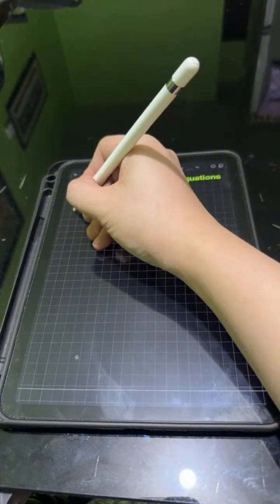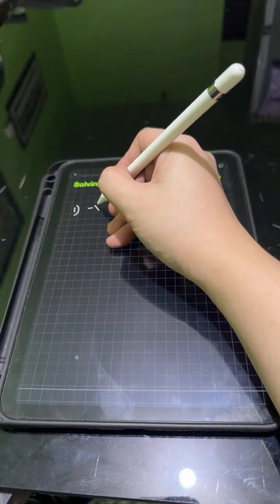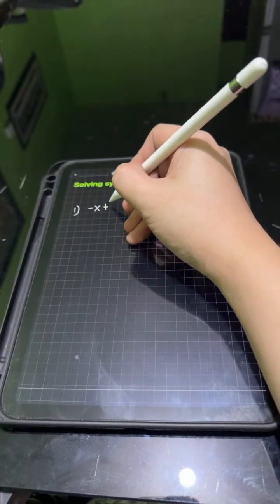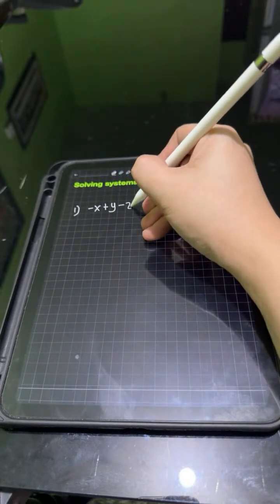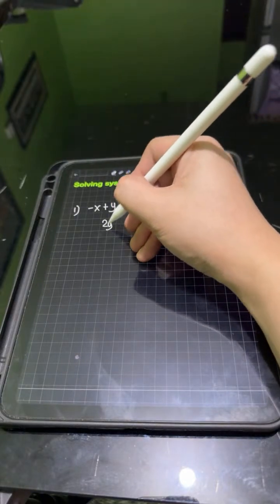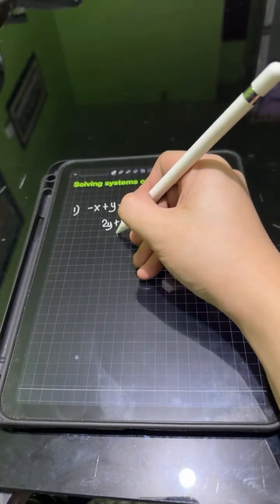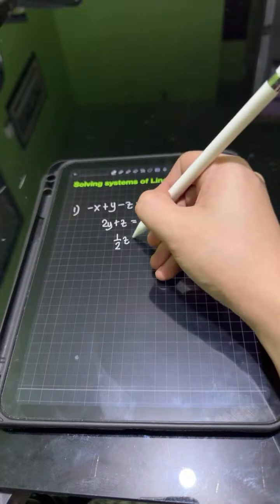For the first one, we have negative x plus y minus z equals 0, 2y plus z equals 3, and 1 half z equals 0.